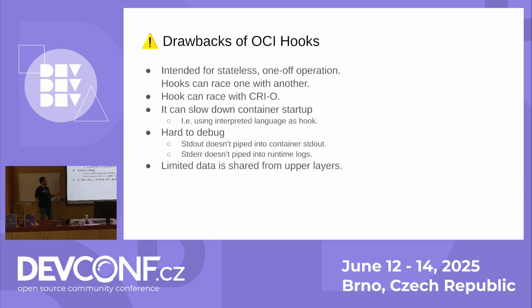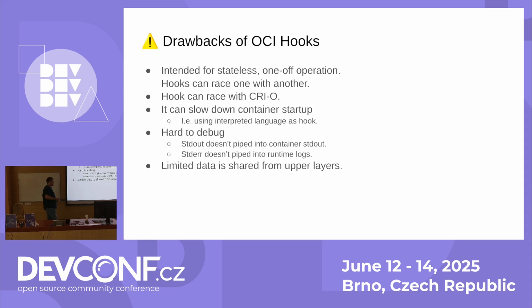And also it's hard to debug, because the execution context, when this hook is being forked, doesn't have any pipe to the container runtime. So you have to do some I/O operations in your hook executable, which is also not a preferable option, because the hook should work efficiently. It should not slow down the container lifecycle process.